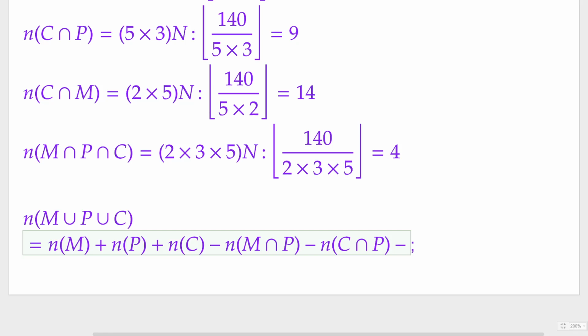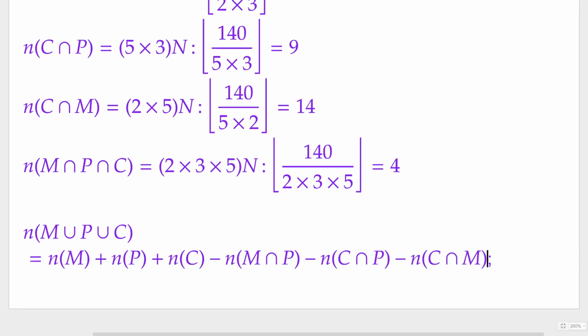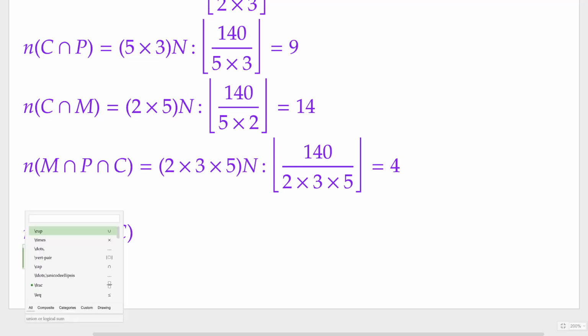And then minus the number of elements in C intersection M. After removing these, first of all I have included these, and now at last I need to add the intersection of these three sets.